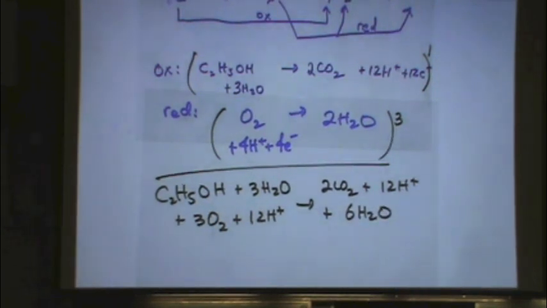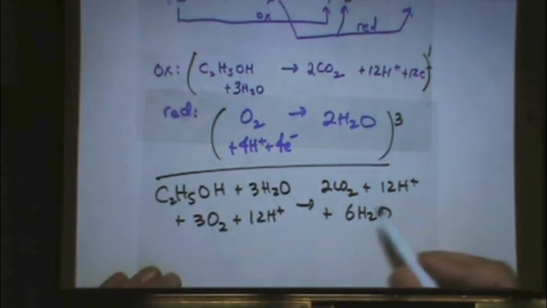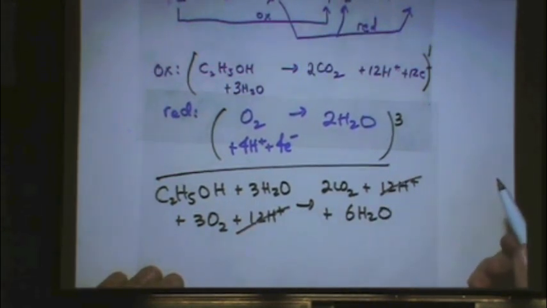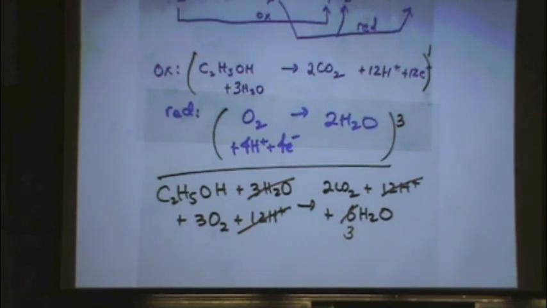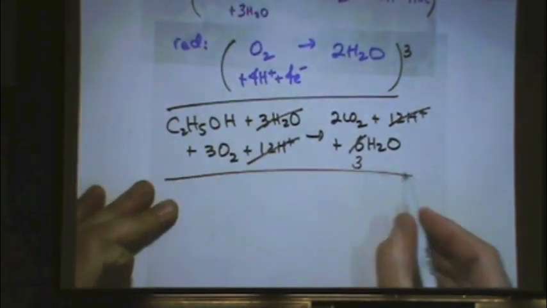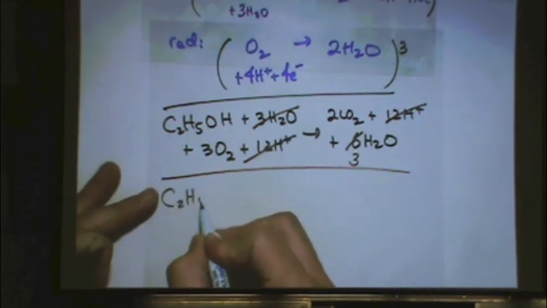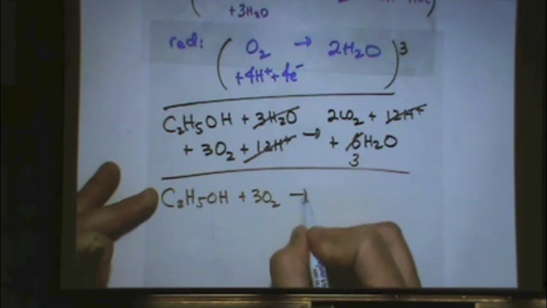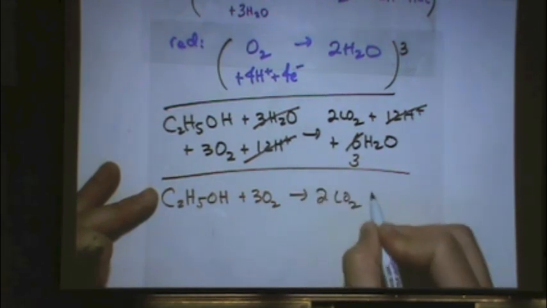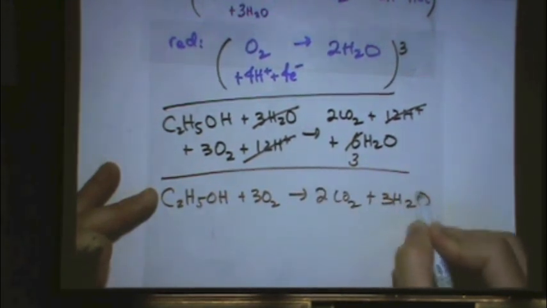Hopefully I did not miss anything. Let's try to cancel stuff. The H pluses all cancel on each side. 3 of the waters are gone, making 3 on the right. And we're left with, after the simplification, C2H5OH plus 3O2 goes to 2CO2 plus 3H2O.